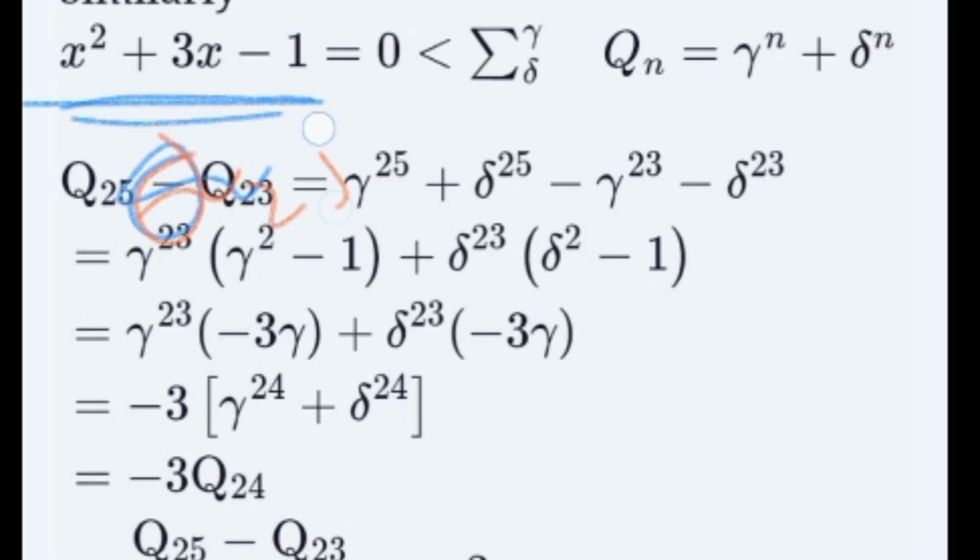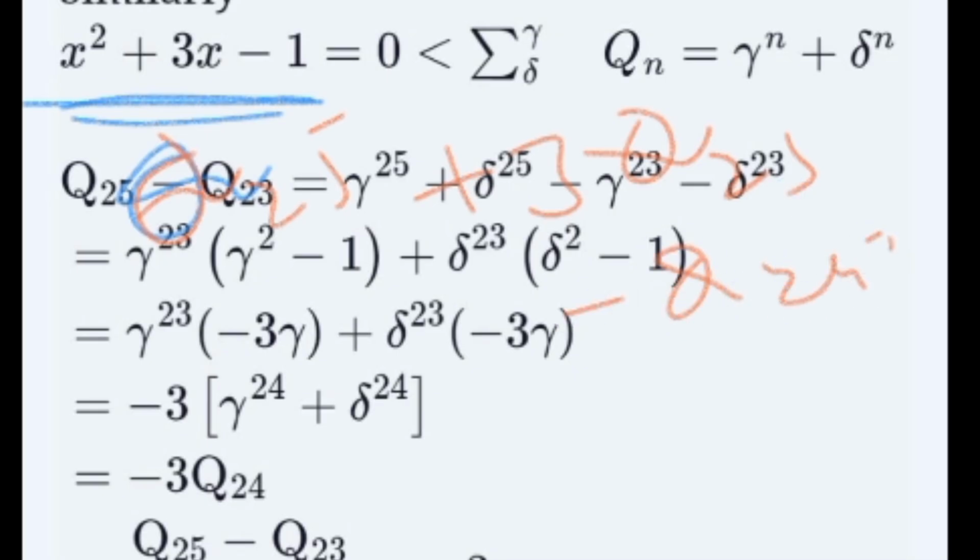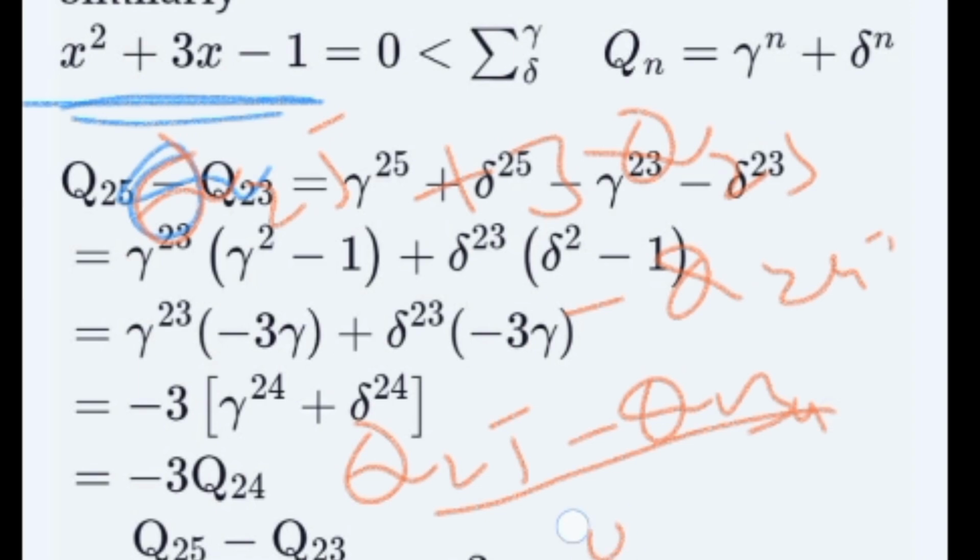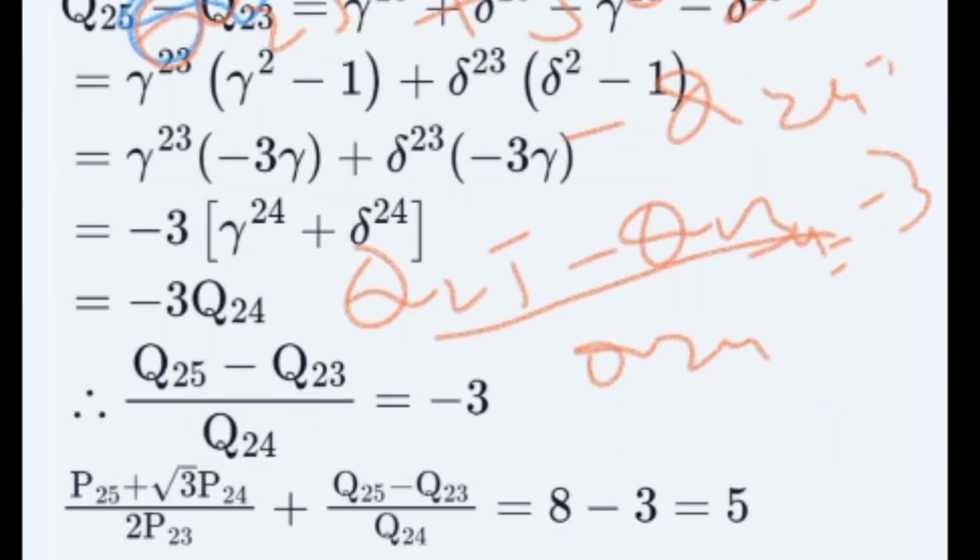Now Q25 plus Q23 minus Q24 is equal to 0. Now Q25 minus Q23 by Q24 is equal to minus 3. Now this value is minus 3.